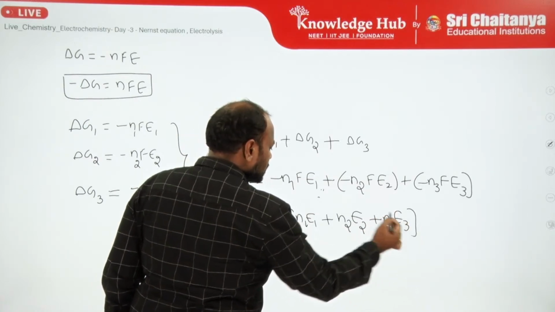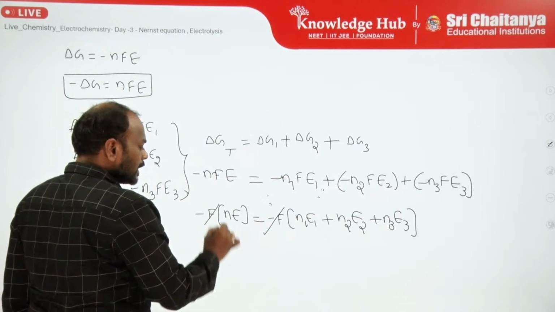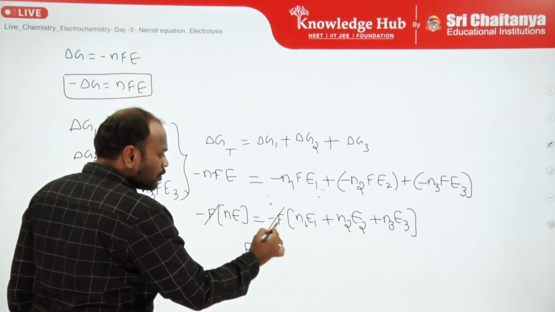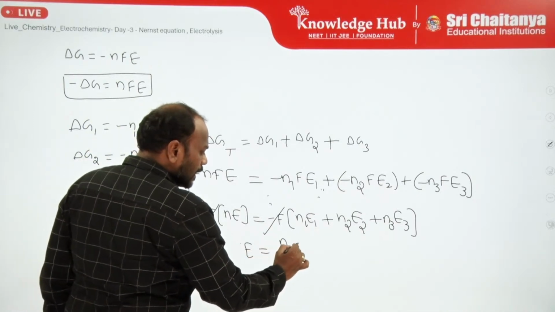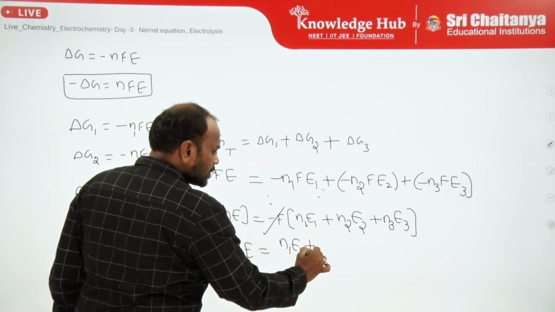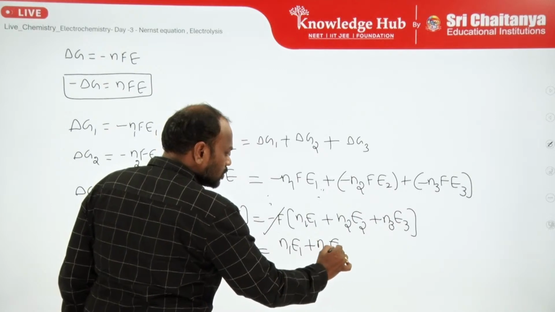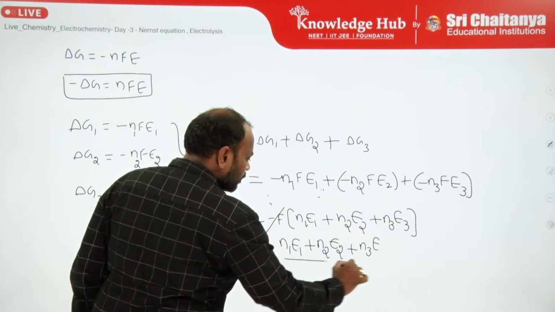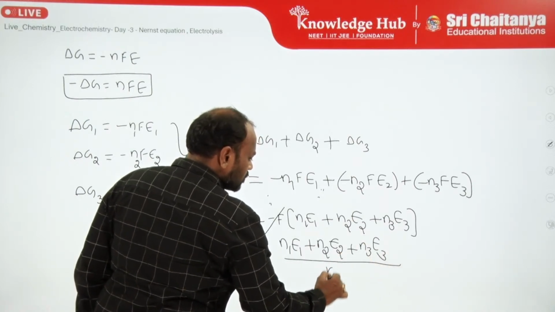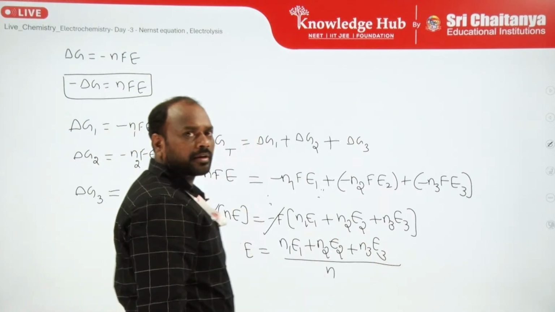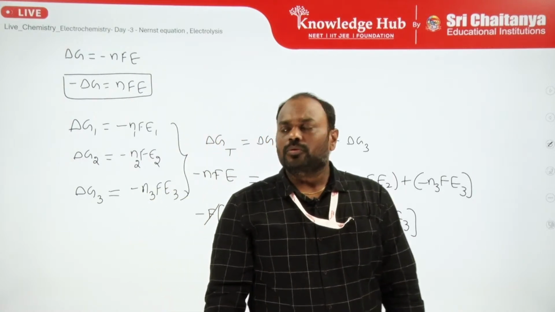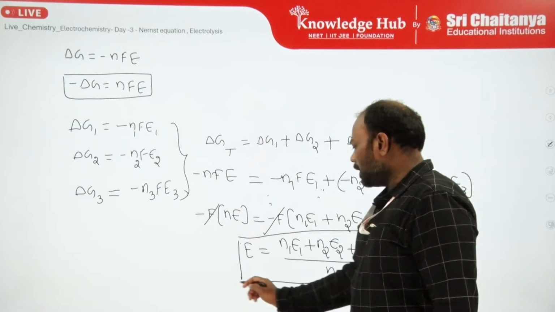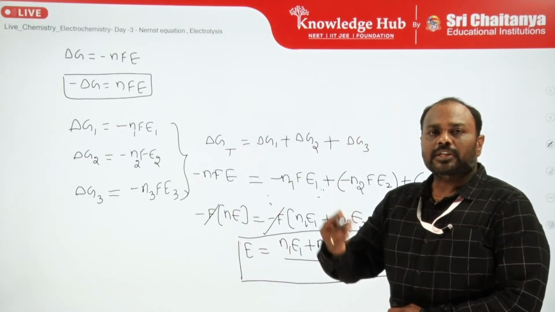Minus F gets cancelled, then n is cross multiplied, so E equals n1E1 plus n2E2 plus n3E3 by n, where n is the total number of electrons in the overall steps. This is the important formula to calculate the electrode potential if it takes place in different steps.